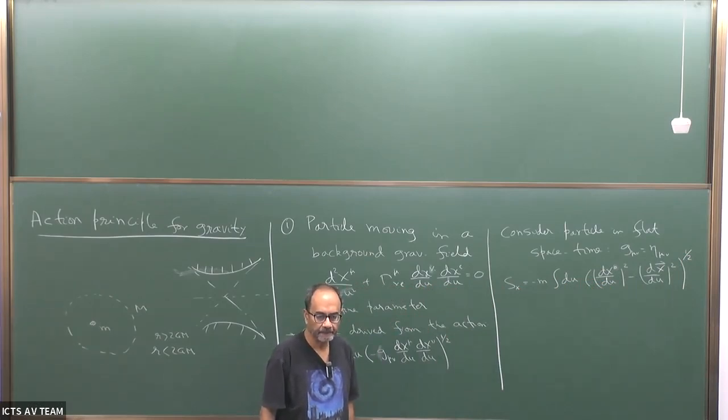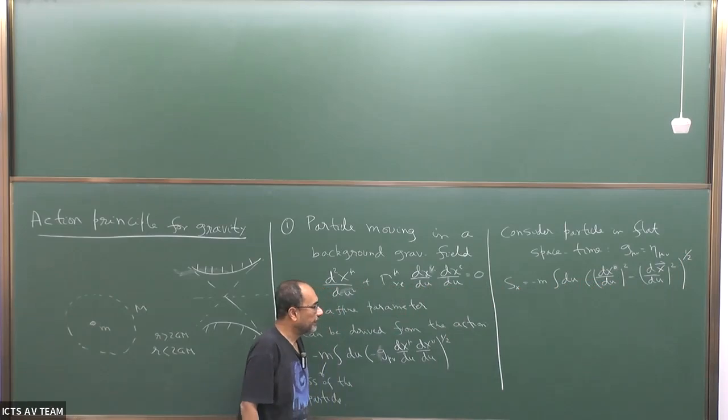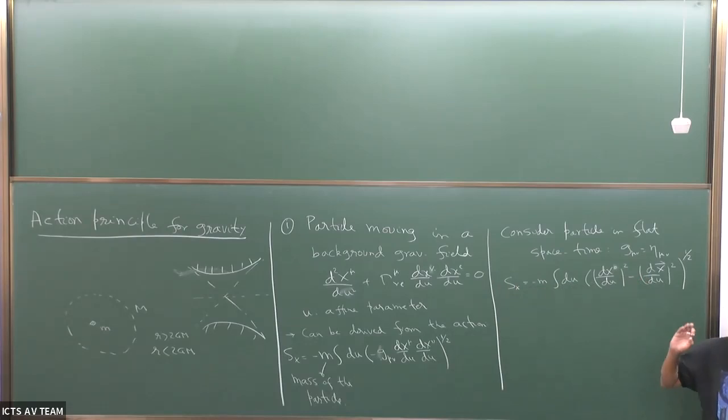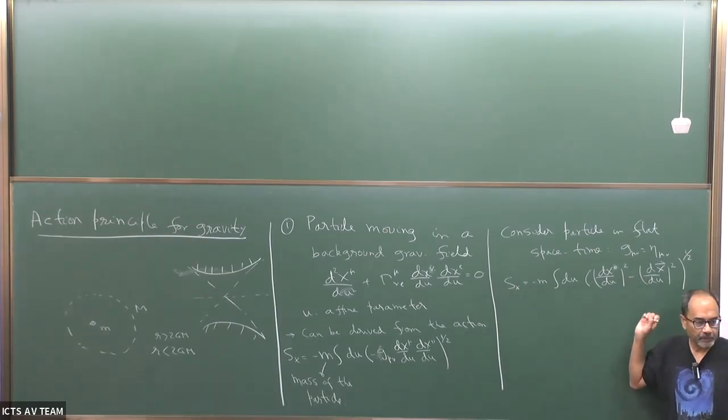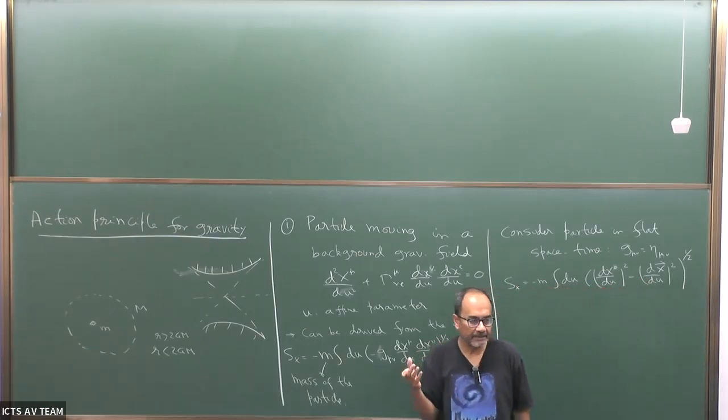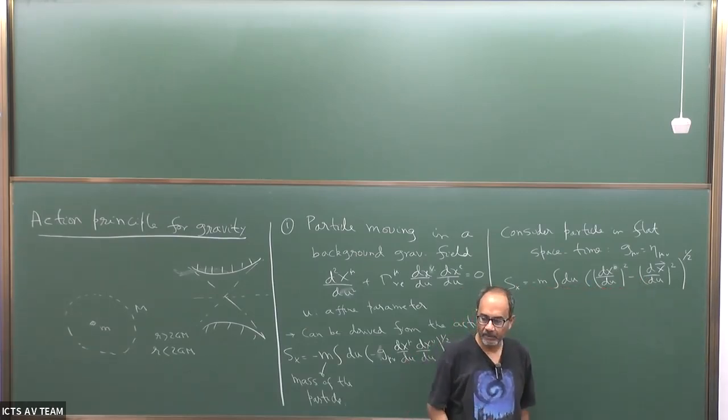Is it clear? Okay. So now we are going to convert this to the non-covariant but more economical form, where you will regard x1, x2, and x3 as functions of time, rather than x1, x2, x3, and x0 as functions of u.